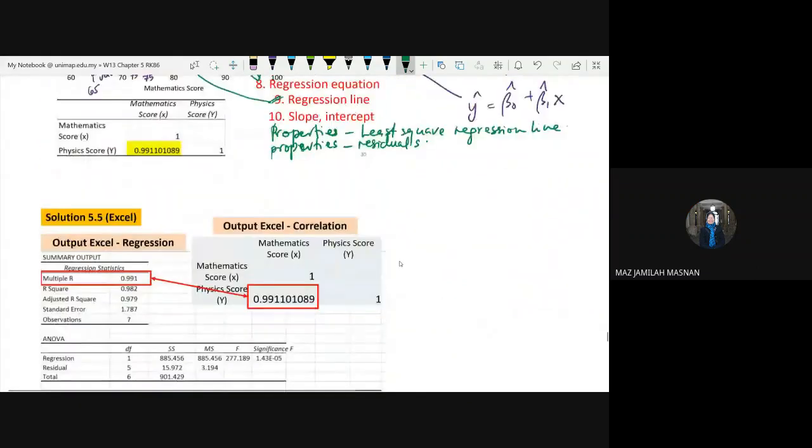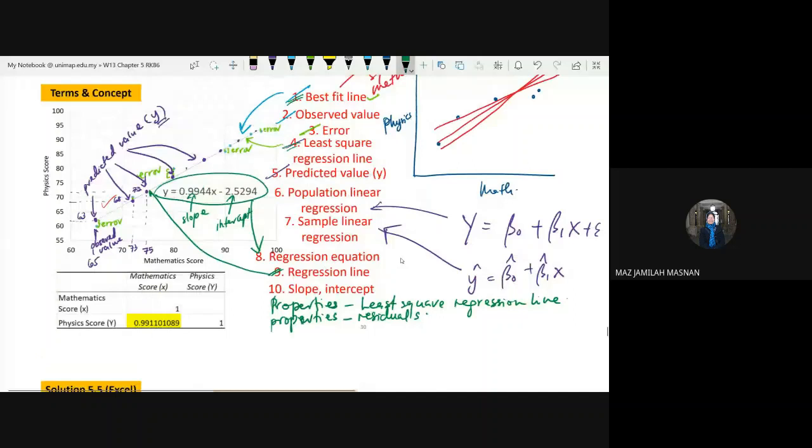I'll finish the rest of the chapter, from page 177 until residual analysis, so pages 178 to 186, next week.